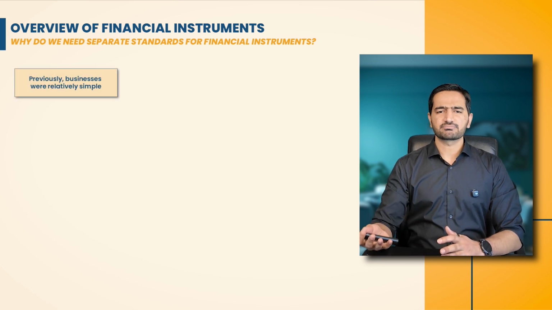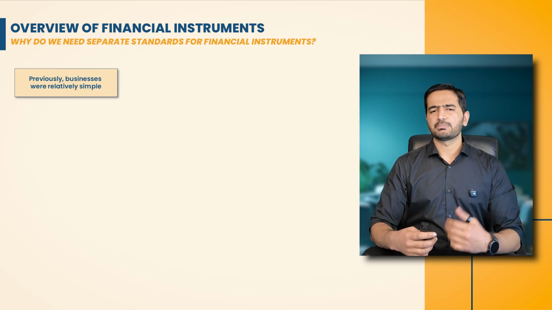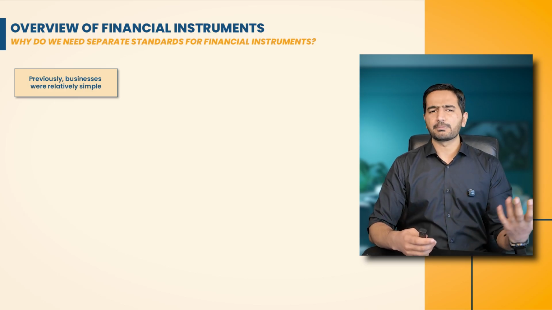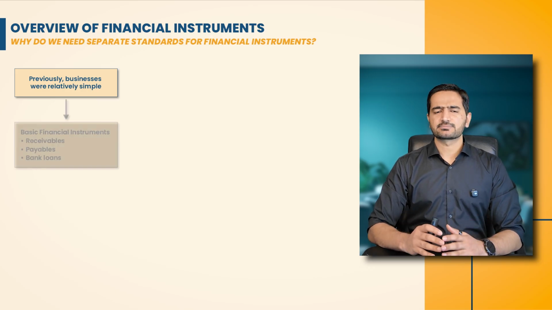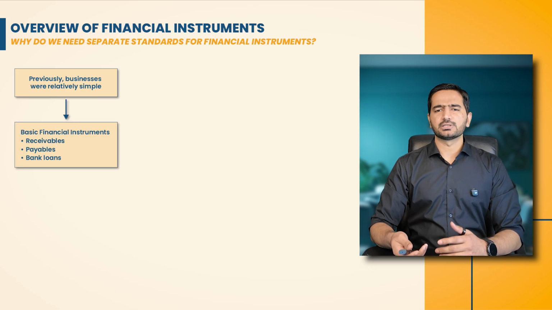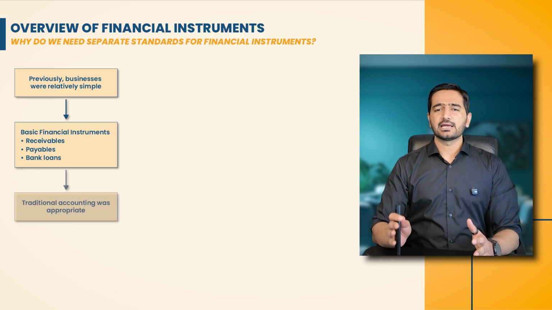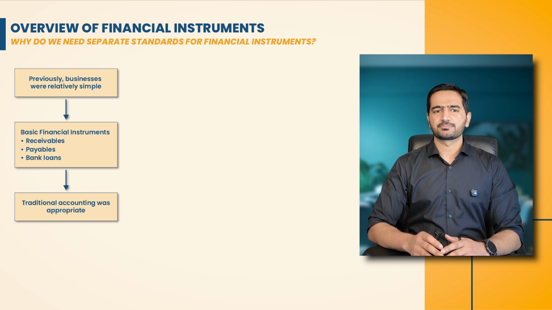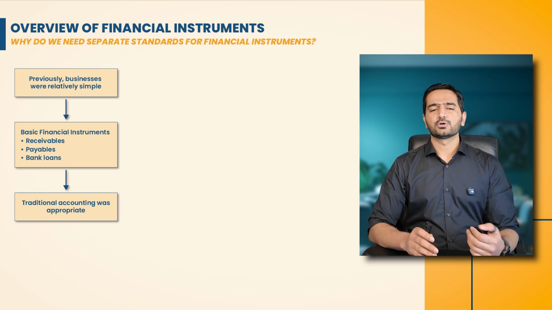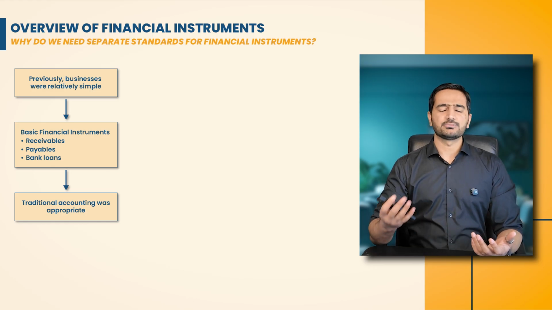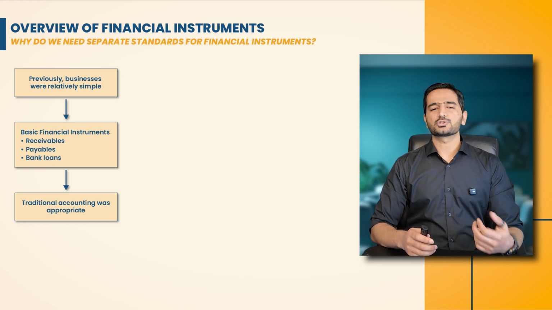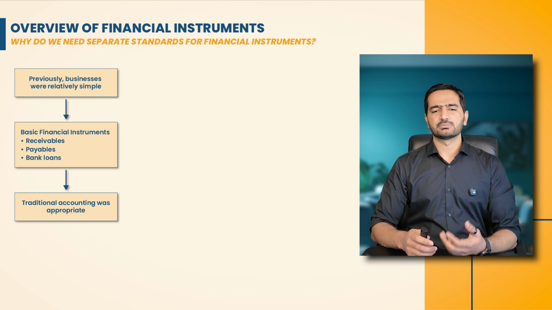Companies sold goods, collected cash, paid suppliers, borrowed from banks, and their financial instruments were basic things: trade receivables, trade payables, bank loans. So traditional accounting handled all of this just fine. For example, you borrow $1 million from a bank, so you record a liability of $1 million. You sell goods on credit, you record a receivable.